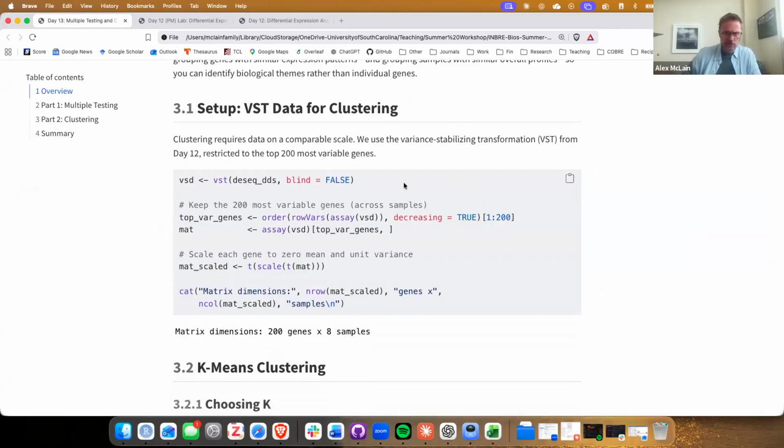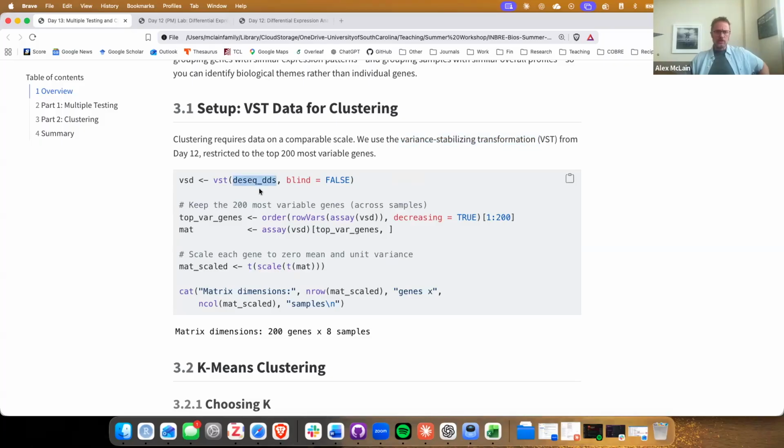Initially we're going to set this up for clustering. Whenever we cluster, we usually want the data on a comparable scale. So here we're going to use something called the variance stabilizing transformation. And we're going to restrict our results to those genes that have the most variance.